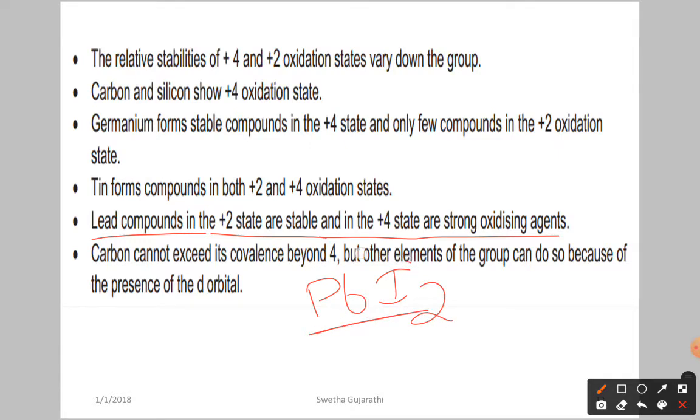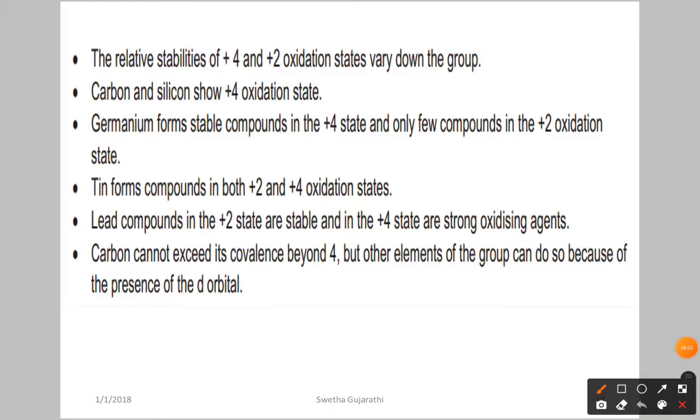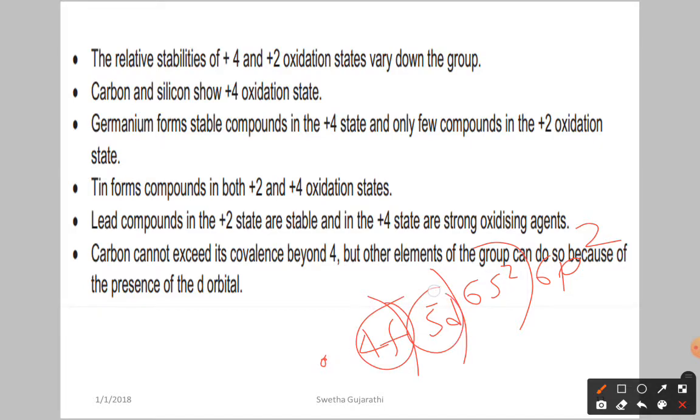The outermost electronic configuration of lead is 6s2 6p2, and along with that we have 5d and 4f electrons, which have a poor screening effect. So the nuclear attraction over the outermost shell increases, giving more stability to the +2 state of lead.